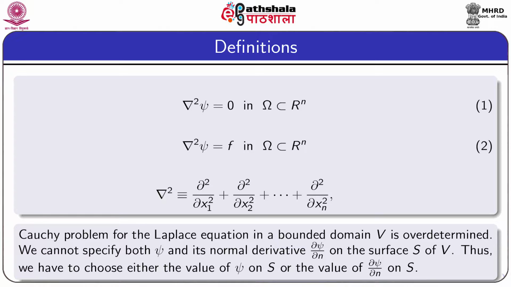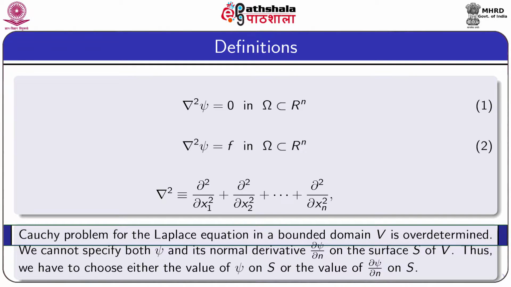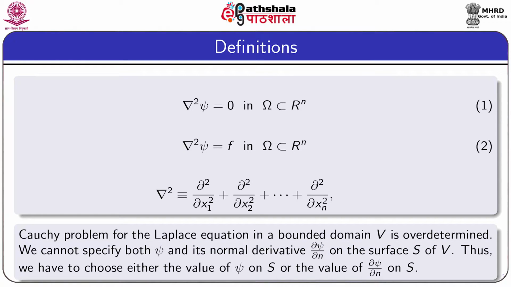It is to be noted that the Cauchy problem for the Laplace equation is not well defined, because the Cauchy problem for the Laplace equation in a bounded domain V is overdetermined.